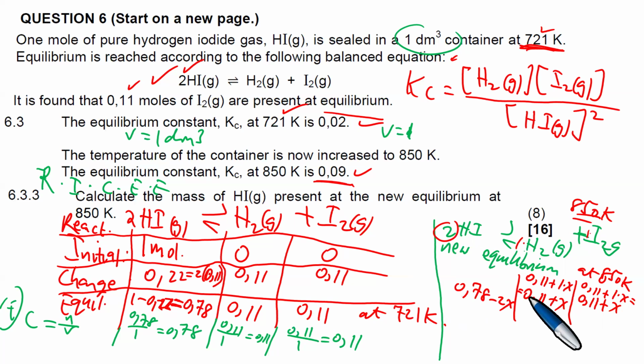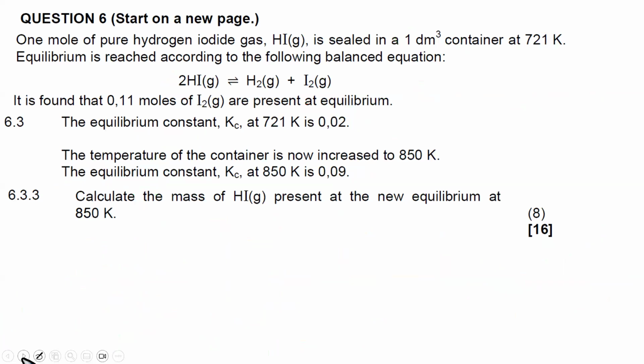Let's continue. In principle, what does this mean? It means that when we have the new equilibrium, we have the same sort of equation here. We have hydrogen iodide, 2 moles of it.